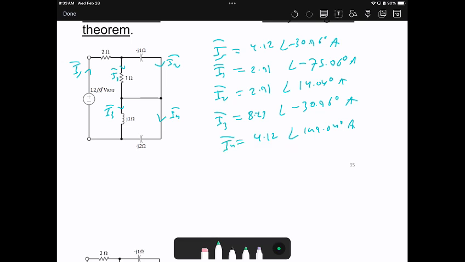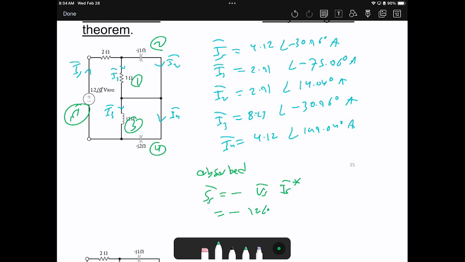Okay, let's start with the source. I can call this element 1, this element 2, this is 3, this is 4. And this is S. So I'm calculating the power absorbed. For the source, it is supplying, not absorbing. Therefore, S source will be negative V source times I source conjugate, which is negative 12 angle 0 times I source, 4.12 angle negative 30.96 degrees, conjugate.